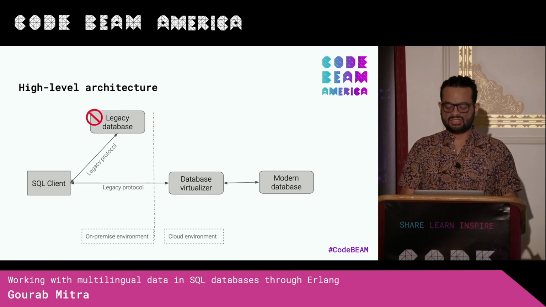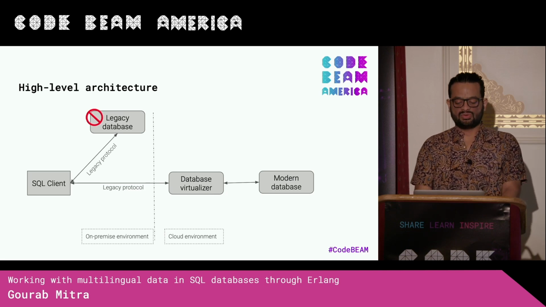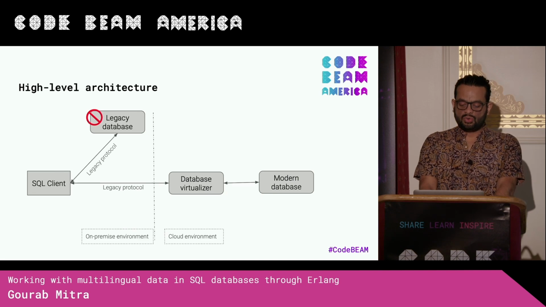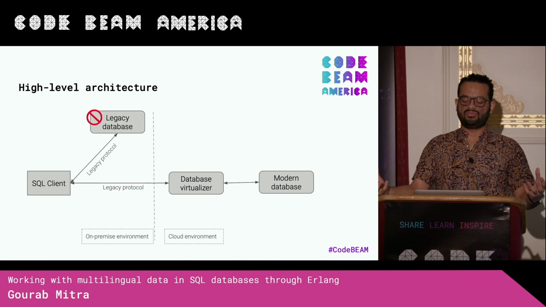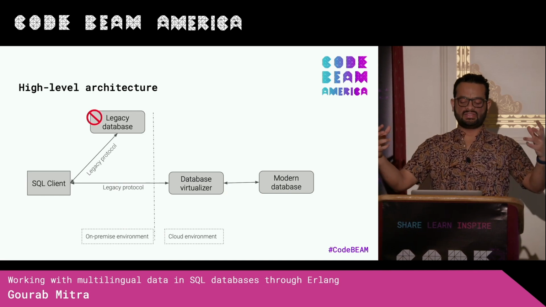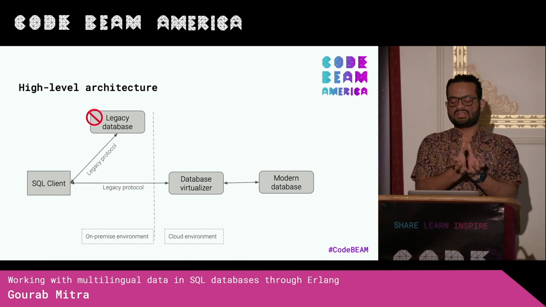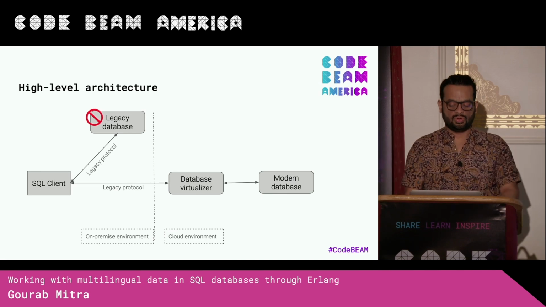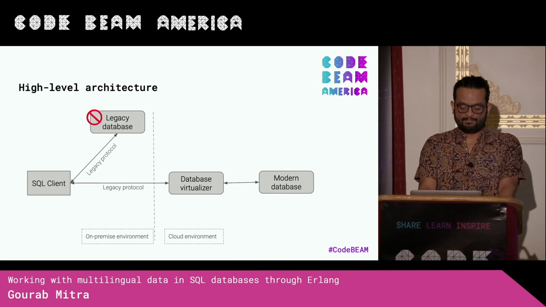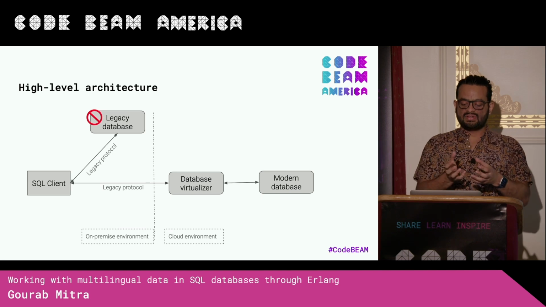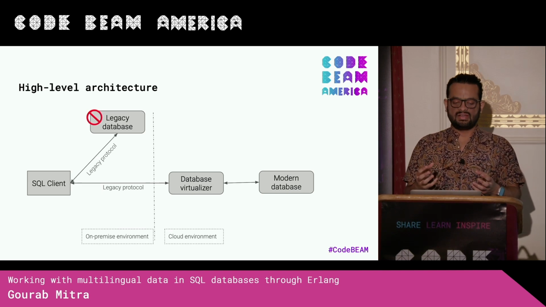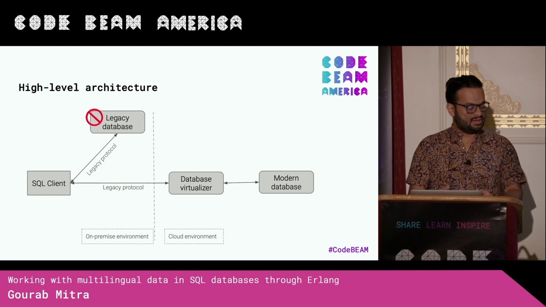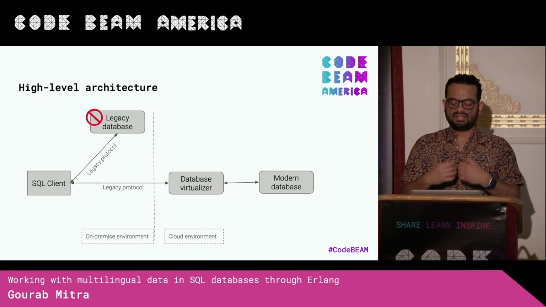This virtualization layer is an Erlang application which decodes the incoming queries, builds a syntax tree from it, performs some optimizations on the tree, and produces a SQL query which is handed off to a modern database. When it receives results from the modern database, it repackages the results in the format the legacy SQL client is expecting and returns it.